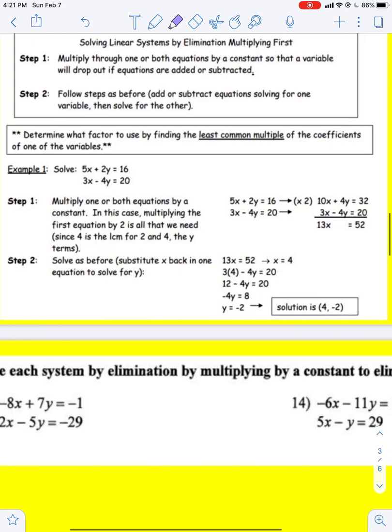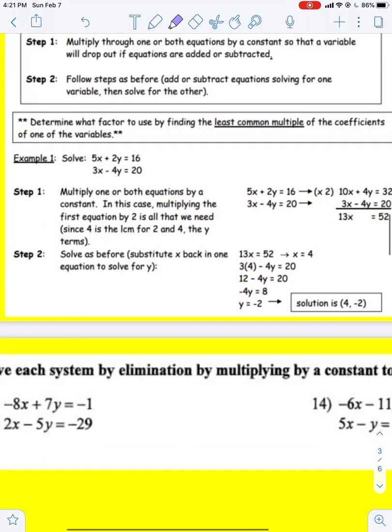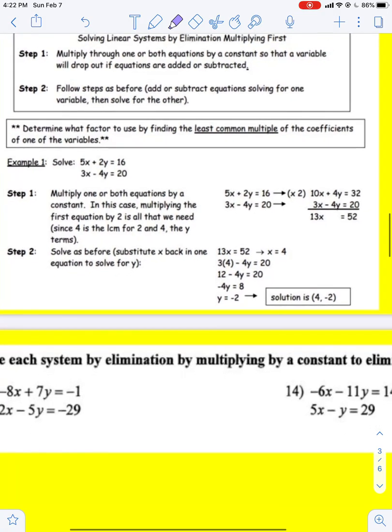Looking here, I have the system 5x plus 2y is equal to 16, and then 3x minus 4y is equal to 20. There's nothing there that I can add or subtract off the bat to make it work.